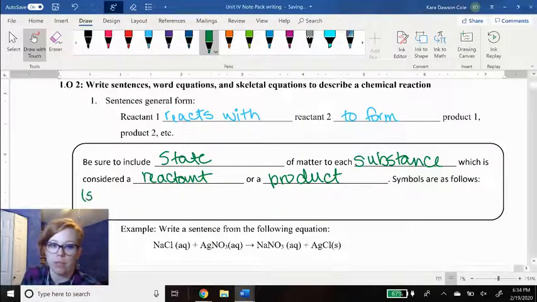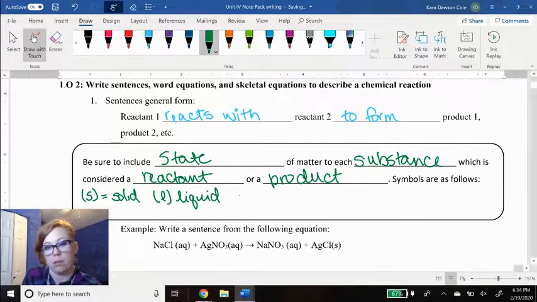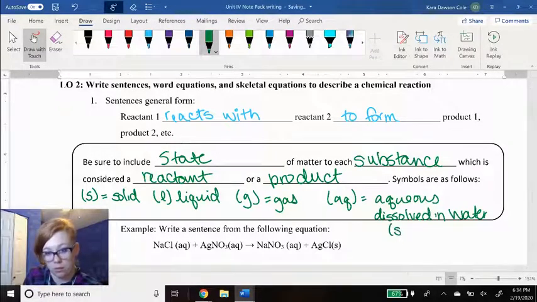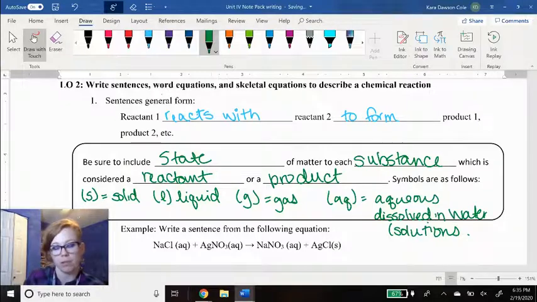Parentheses S is solid, parentheses L is liquid, parentheses G is gas, and parentheses AQ is aqueous, which means the substances are dissolved in water. We could also call these solutions. So, general form: reactant 1 reacts with reactant 2 to form product 1, product 2, and so forth.